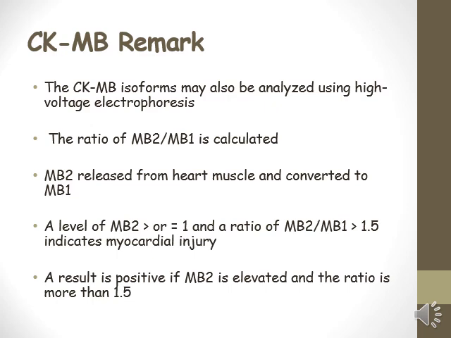CK-MB also has two different isoforms, MB2 and MB1. MB2 is released from the heart muscle and converted to MB1. When MB2 is elevated more than MB1, this indicates acute myocardial infarction. So MB2 must be more than MB1.